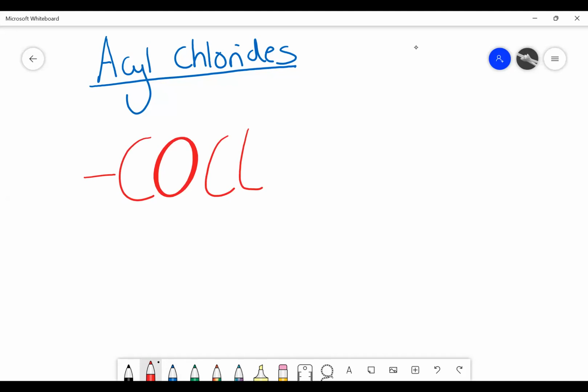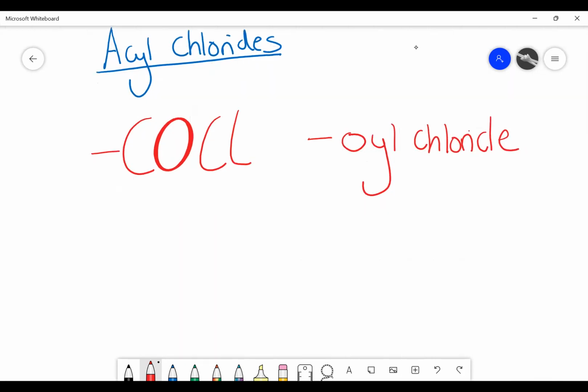So acyl or acid chlorides, they can be called either, have a functional group COCl, and all their names end in oil chloride. They all end in oil chloride. I'm going to draw you an example now, ethanol chloride.